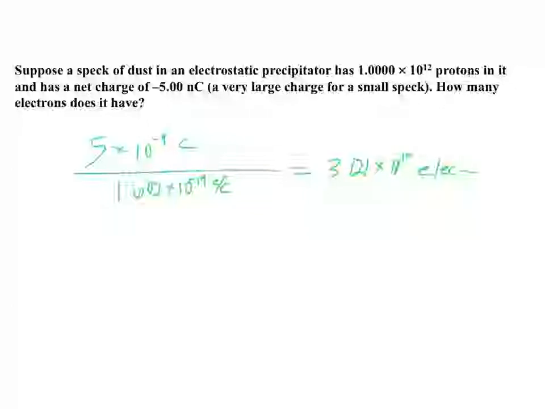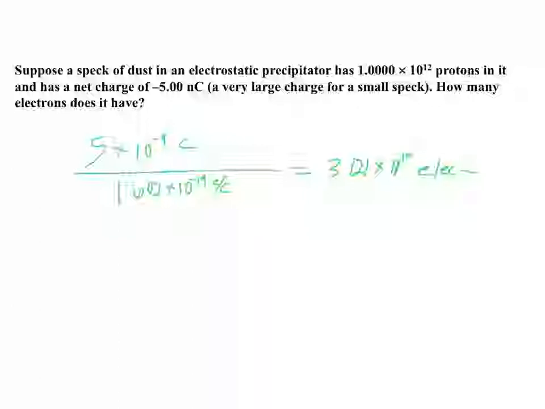A speck of dust in it and a net charge. All right. So the precipitator has 10 to the 12th protons in it and a net charge of -5 nanocoulombs.